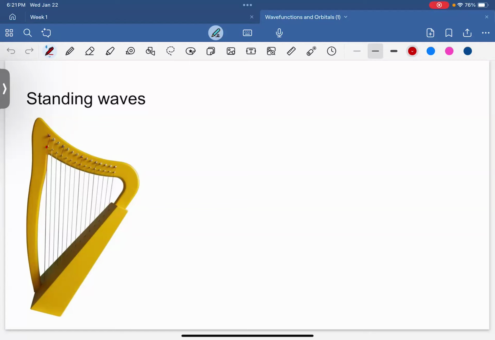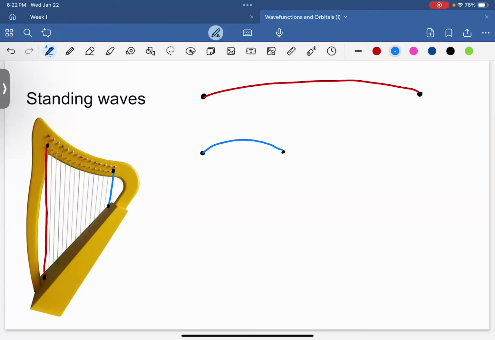On a harp, we have a lot of different strings. We've got this long string at the end and a short string at the top, and at either end of those strings, those are fixed. If I draw what these look like, I've got my long red string and my short blue string.